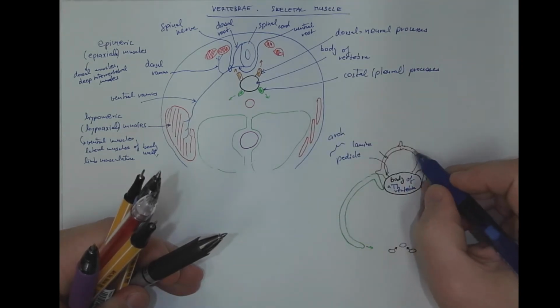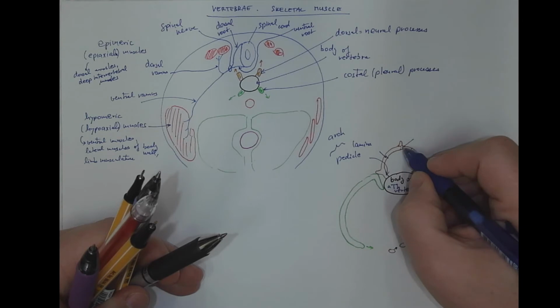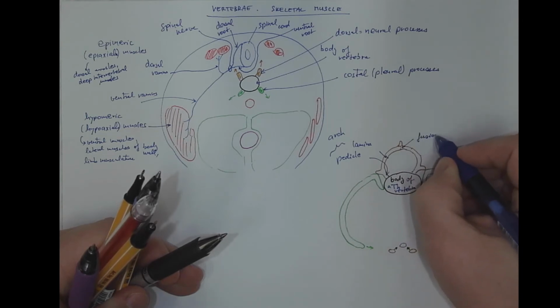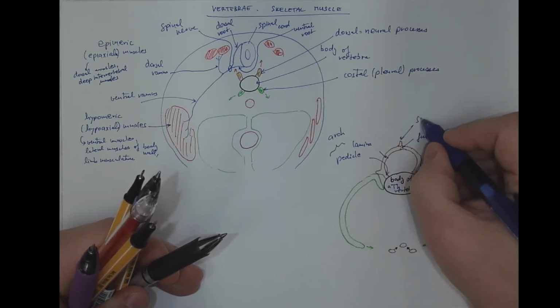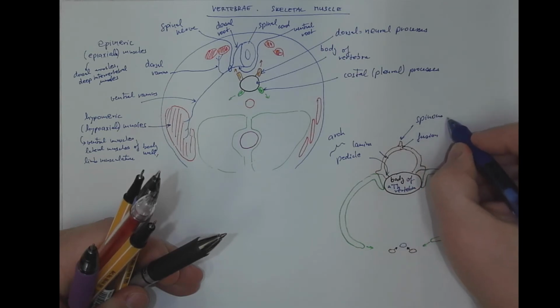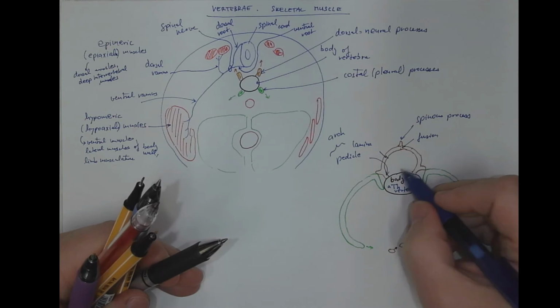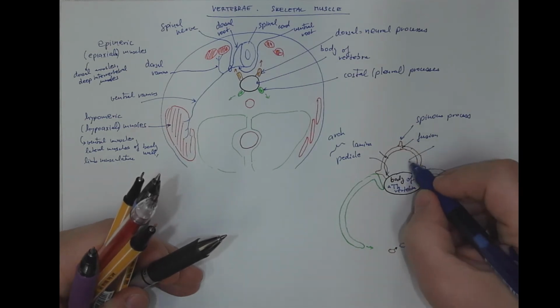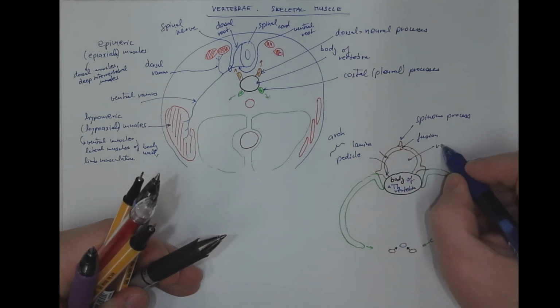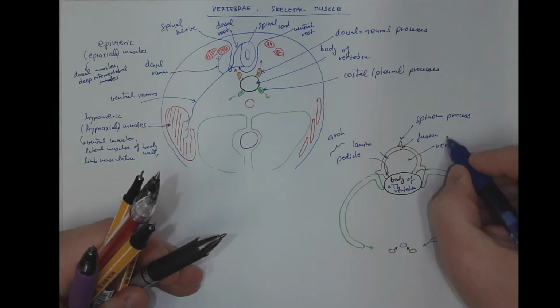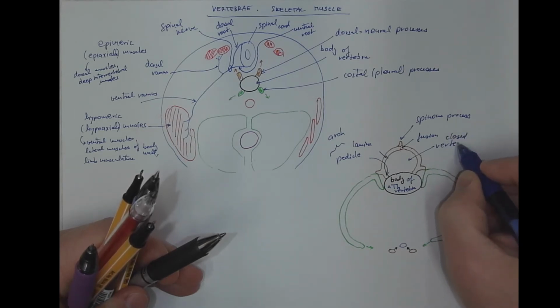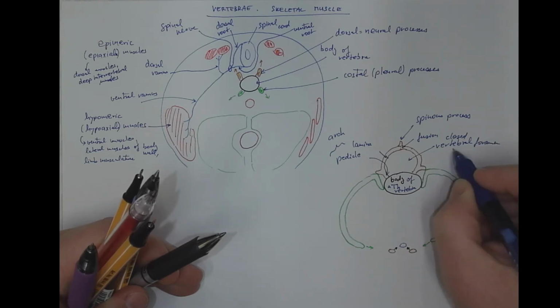And the left and right arc will fuse here and form the spinous process. Thus encircling the vertebral foramen. It's a closed vertebral foramen for the spinal cord.